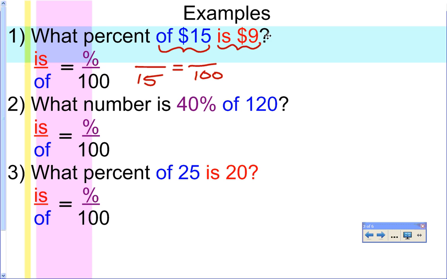The is $9. If you're saying that goes in the is spot, you are correct. And in this case, we're trying to find the percent. So again, we do the same thing we've been doing with proportions, CMD, or cross multiply, divide. So we're going to do 9 times 100 divided by 15, and you should get 60%.